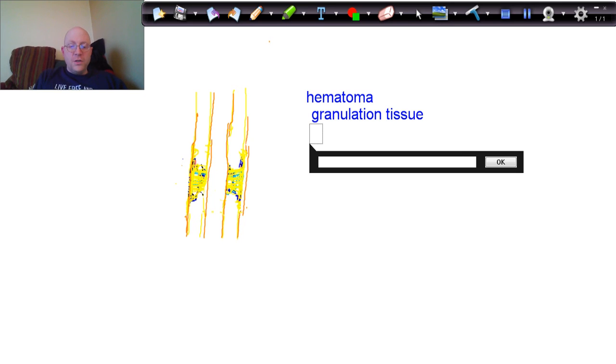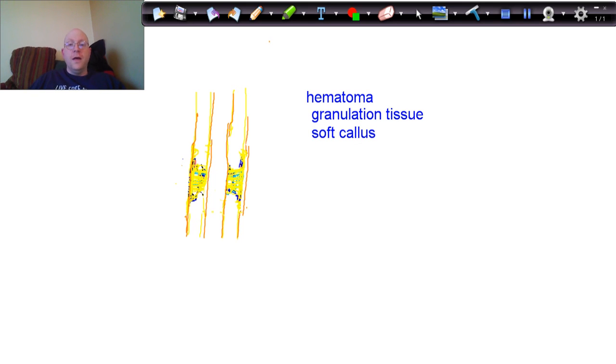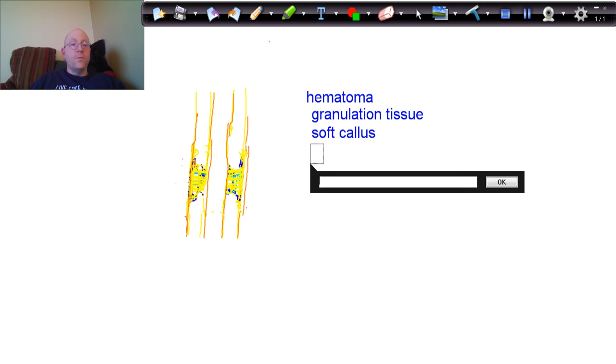Then the granulation tissue will turn into a soft callus of fibrocartilage thanks to chondroblasts forming in that space. Then the soft callus will get covered on the outside with a bony collar, and then the inside of the fibrocartilage will be transformed to bone through endochondral ossification, and thus you formed your hard callus.